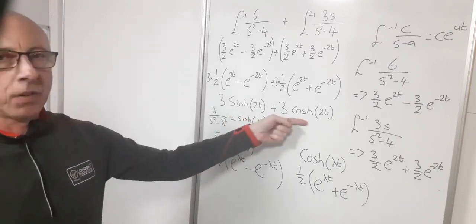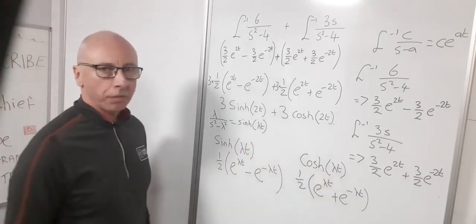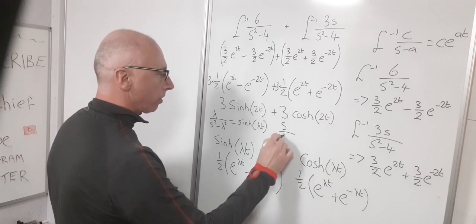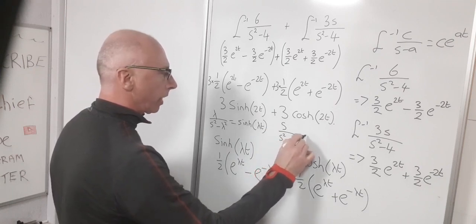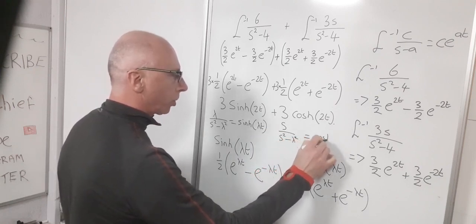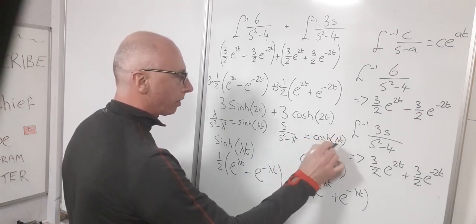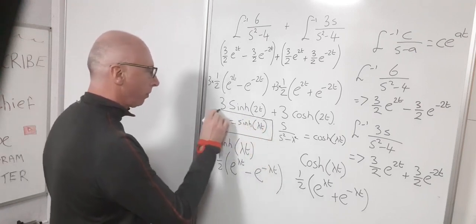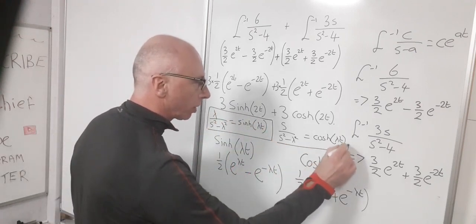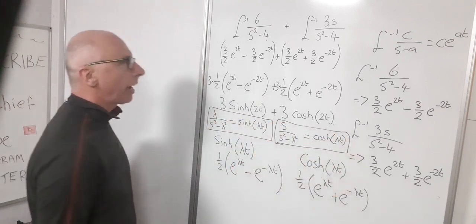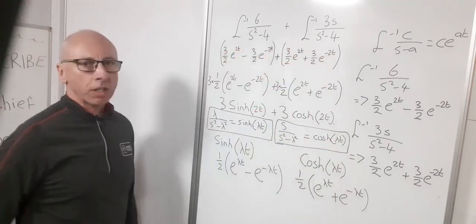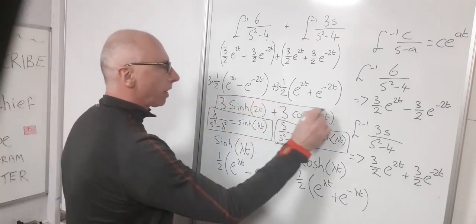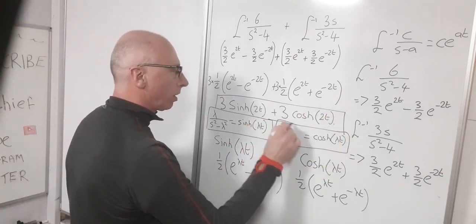And then similarly, for cosh of lambda t, we've got s over s squared minus lambda squared, that will equal cosh of lambda t. Okay, so these are our functions for sinh and cosh. And the inverse Laplace transform of these functions, that is the answer here.